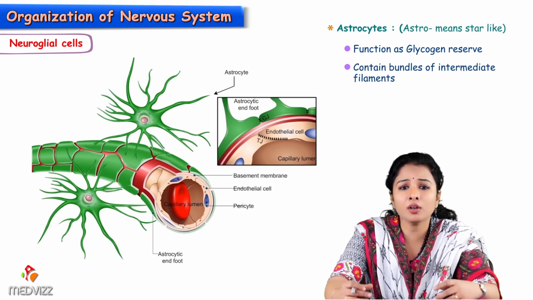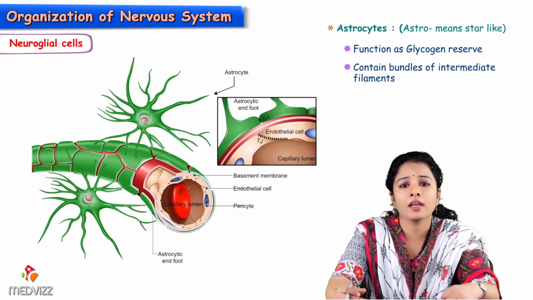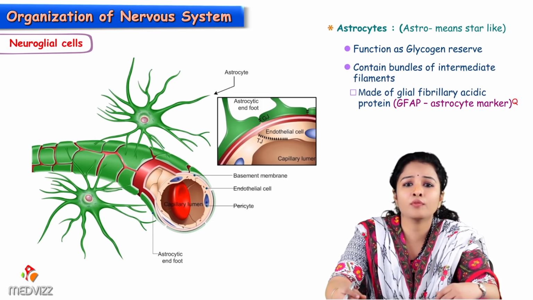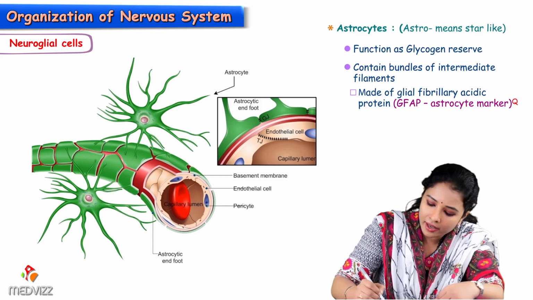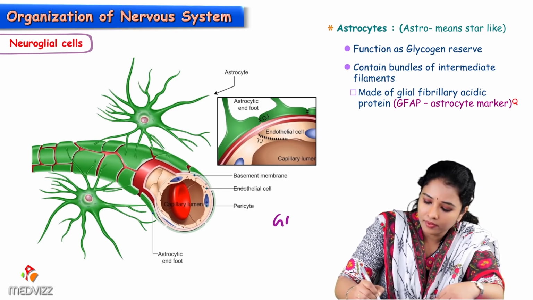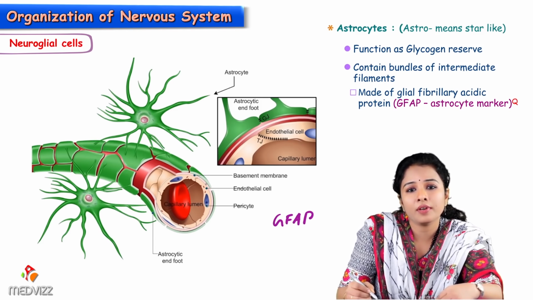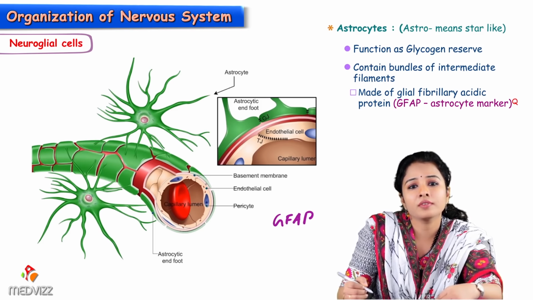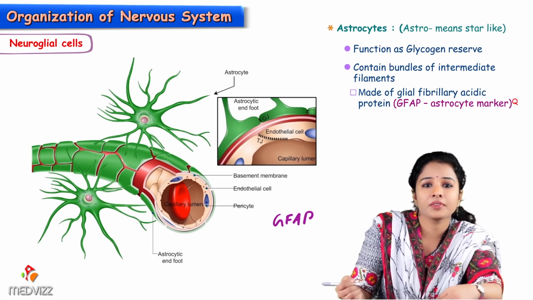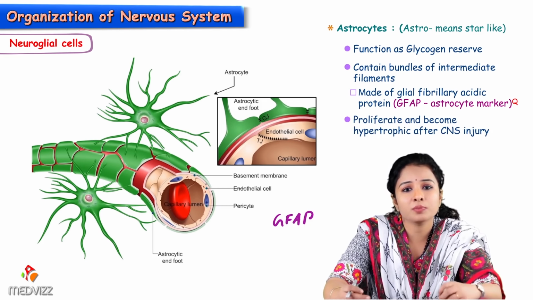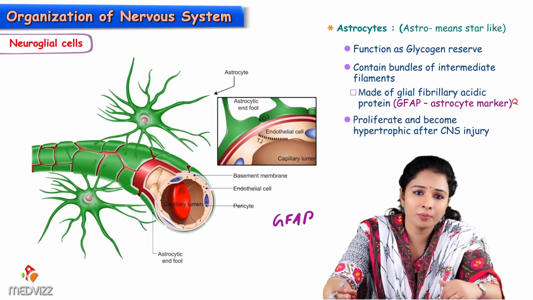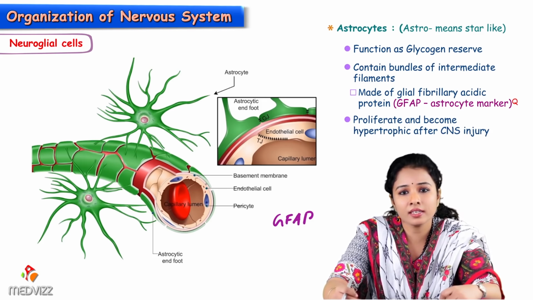They contain bundles of intermediate filaments, and these filaments are made up of glial fibrillary acidic protein, GFAP, which is an astrocyte marker. And these astrocytes proliferate and become hypertrophic if there is any CNS injury.